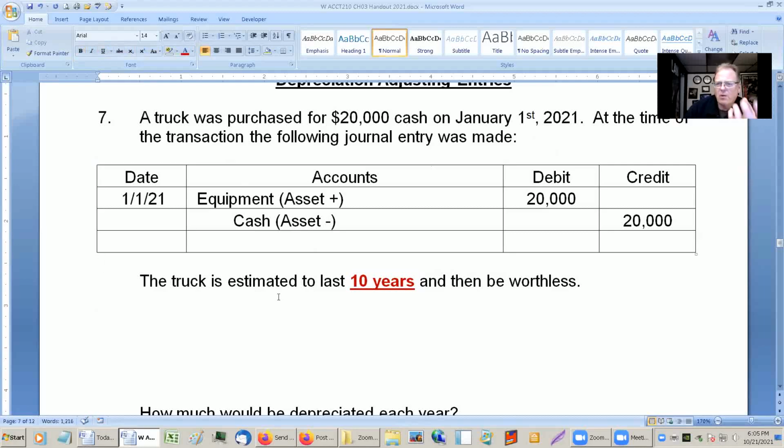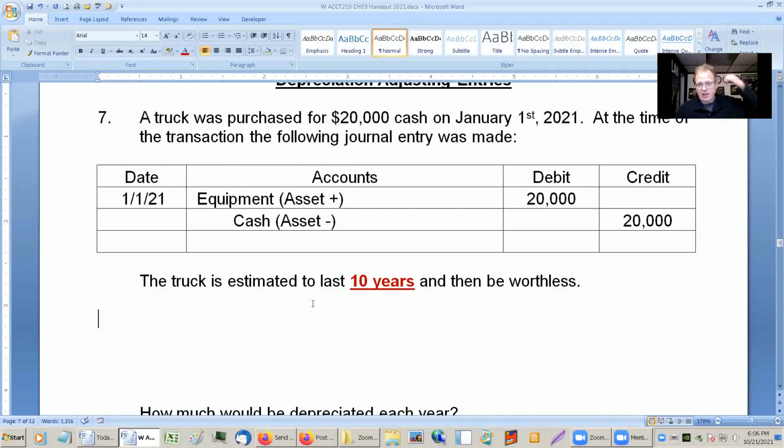So we're not going to expense the whole truck in the year that we bought it. We're going to expense it as it benefits the company. In other words, over the next 10 years, it's going to benefit the company. So we're going to expense it over 10 years.